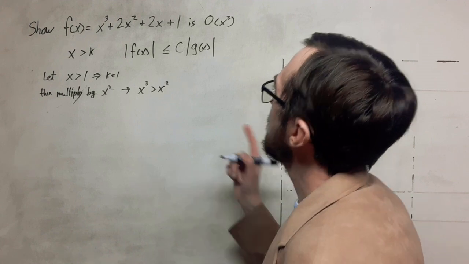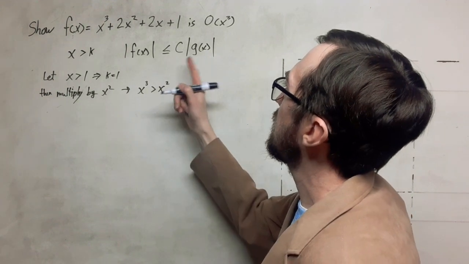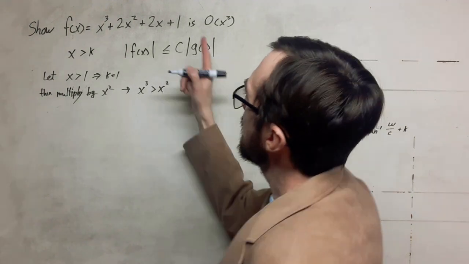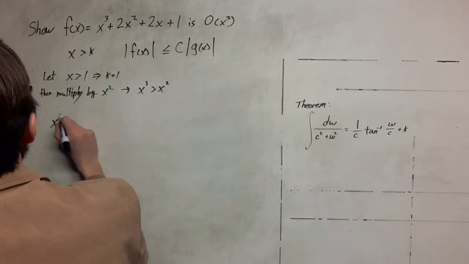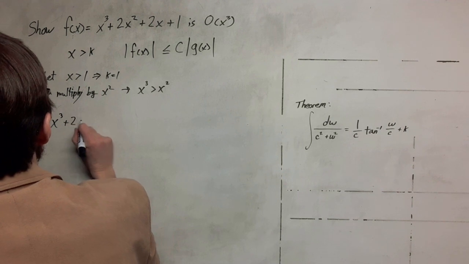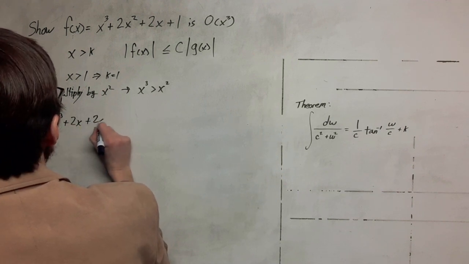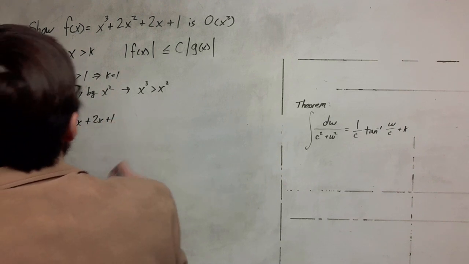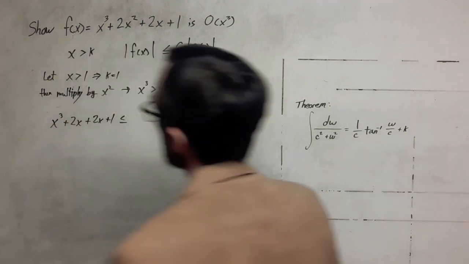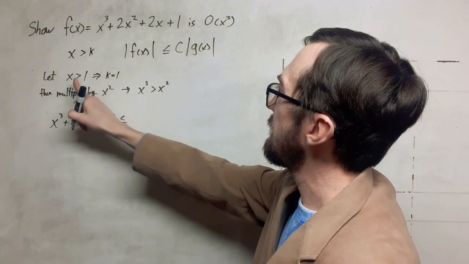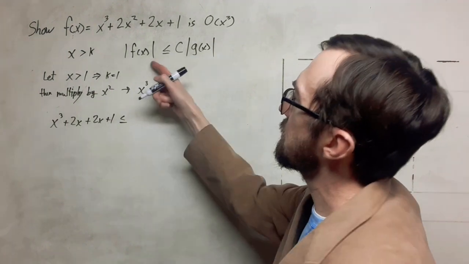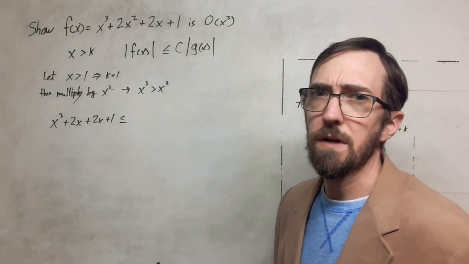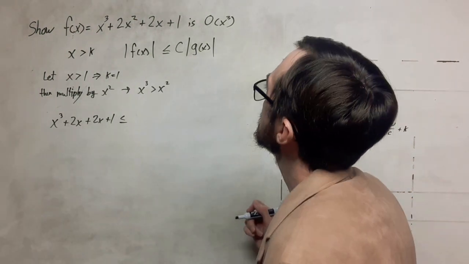All right, so now we want to start to build this situation. So I'm going to recopy f of x here. And we know that x is going to be a positive number, so we can ignore the absolute value for now.